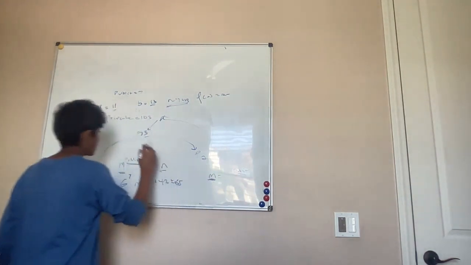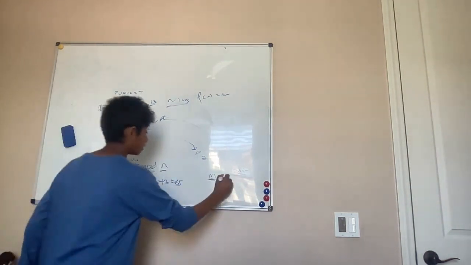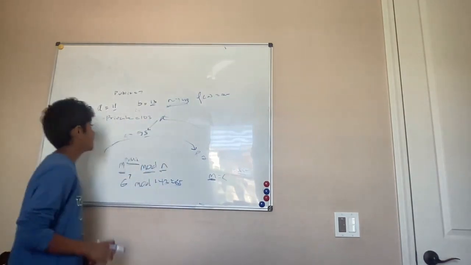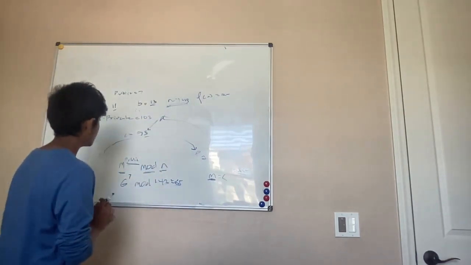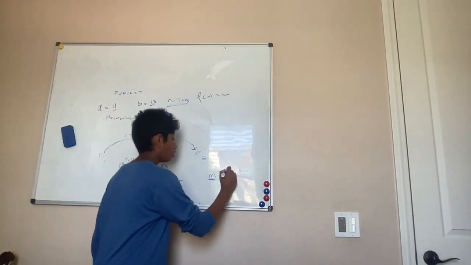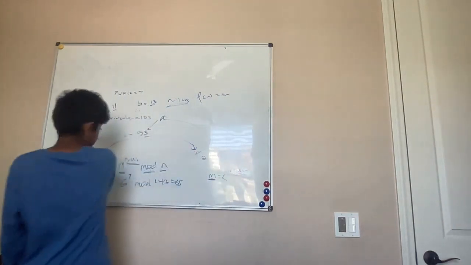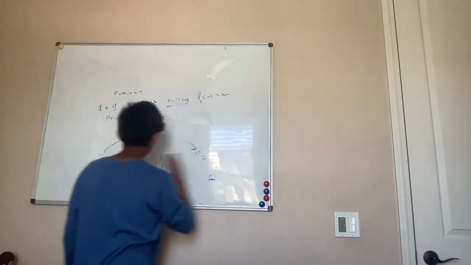Is equal to the ciphertext, which we're going to call c, to the power of our decryption key. That's going to be our private key. So c to the power of 103, let me just say private right now.